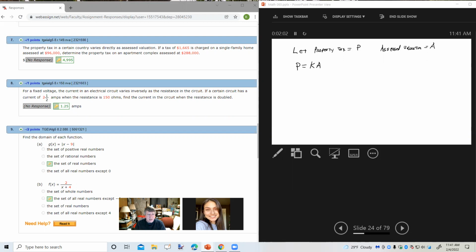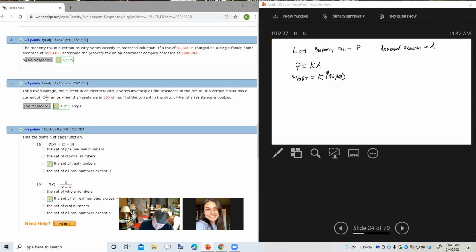No. If a tax of $16.65 is charged, so that is the P, so $16.65 equals K times, on a single family home assessed at $96,000. Determine the property tax, and so on.